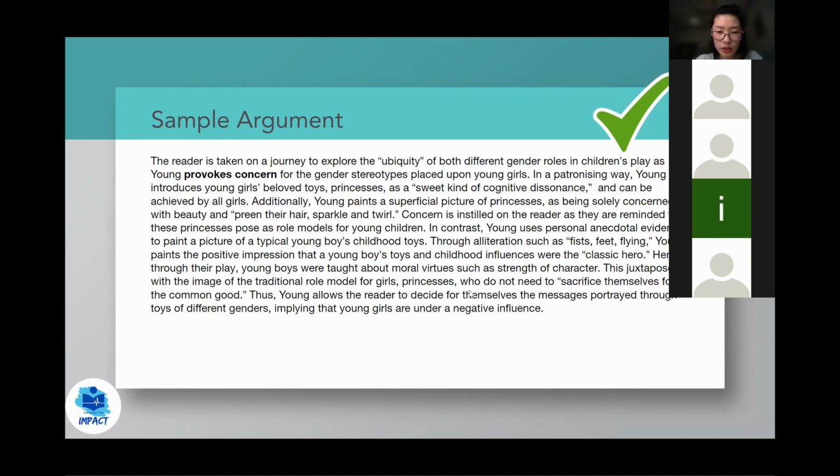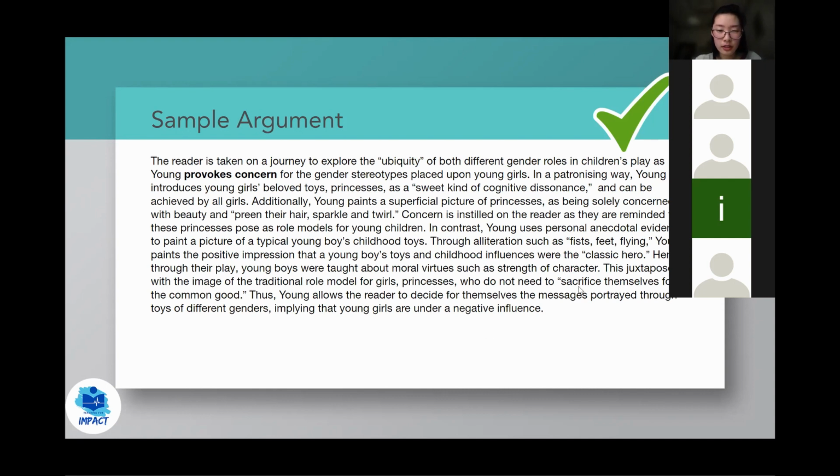I guess I would also highlight the sentence about painting the positive impression of boys' toys in comparison. The student is comparing the effect of boys' versus young girls' toys, and therefore the influence of the young girls' toys.